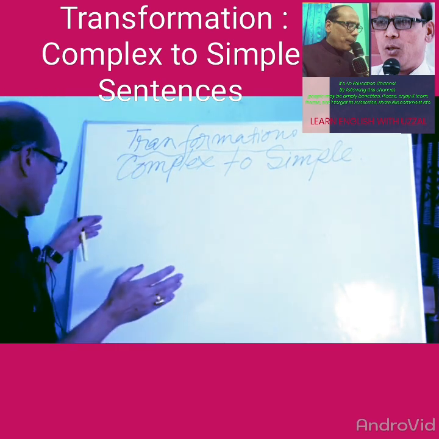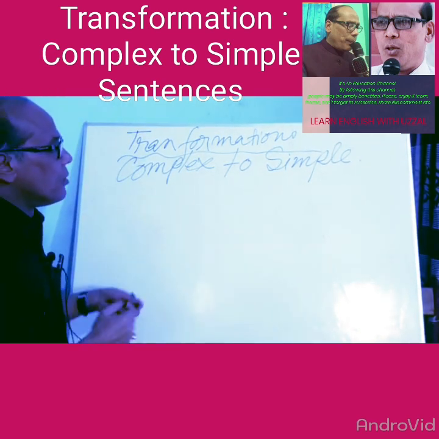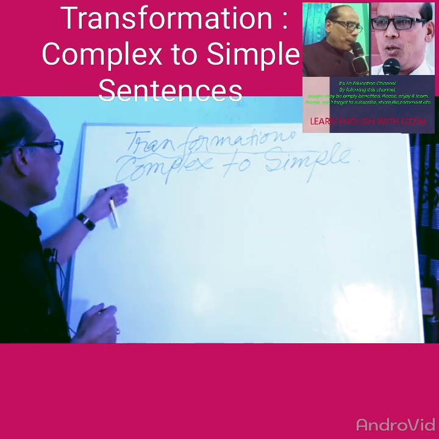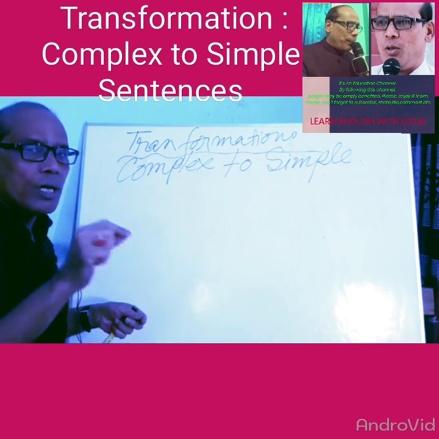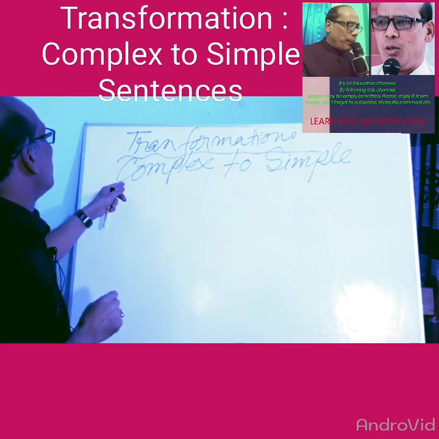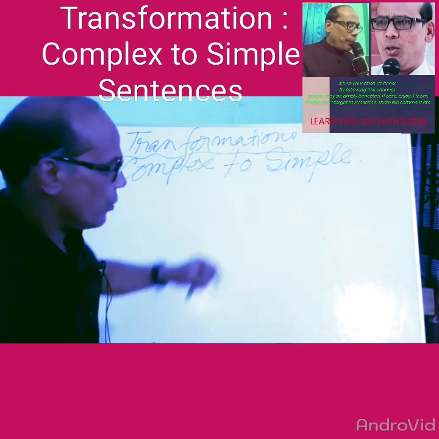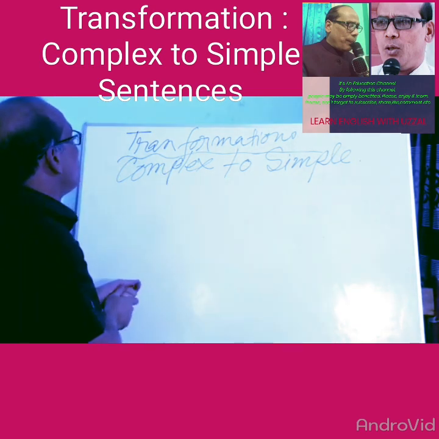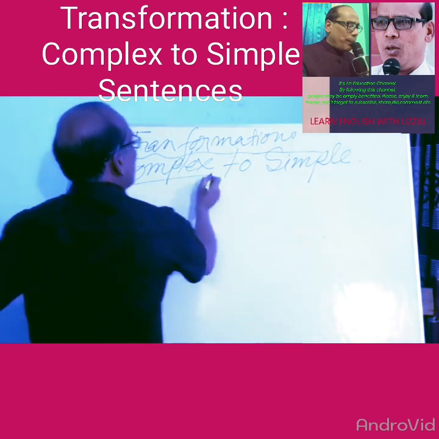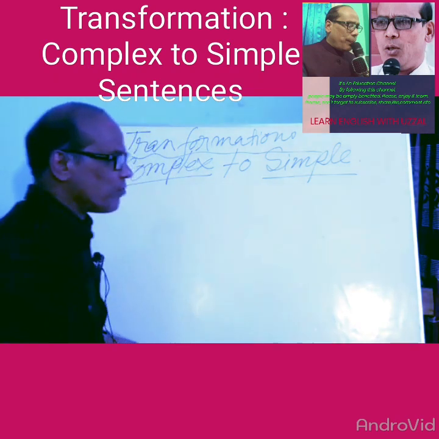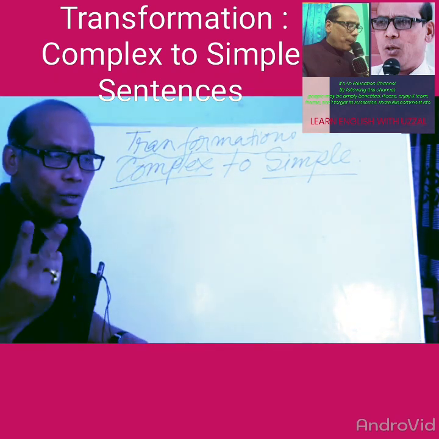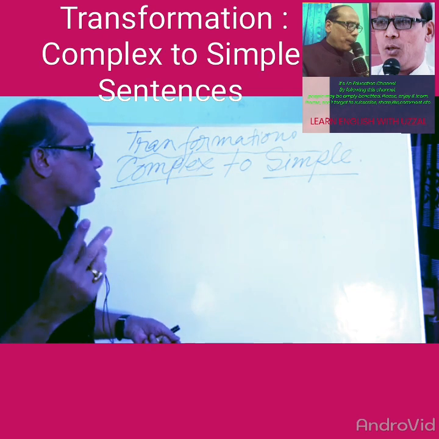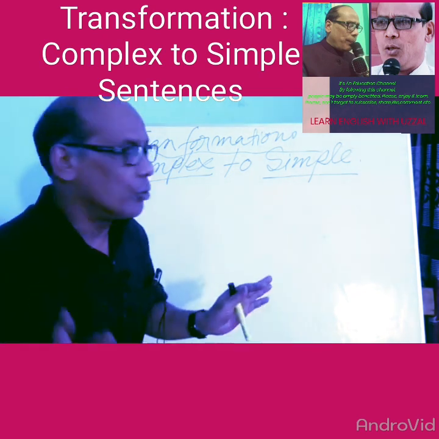So as a part of that expedition, today I am going to discuss rule-wise from complex to simple. Complex is a sentence. Simple is another sentence. But complex has two clauses, and simple has no clause.